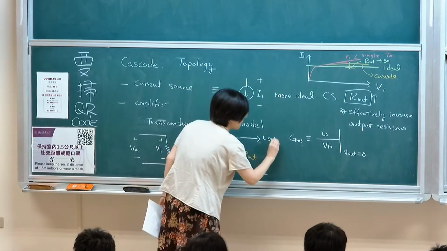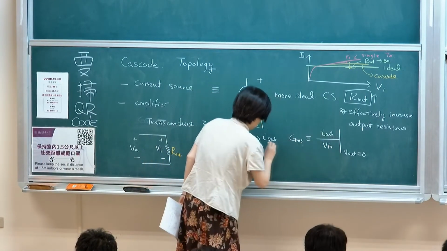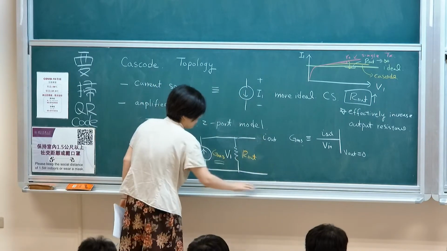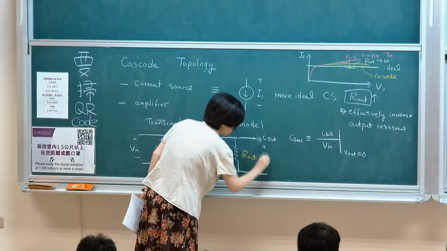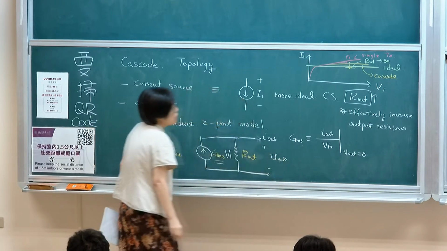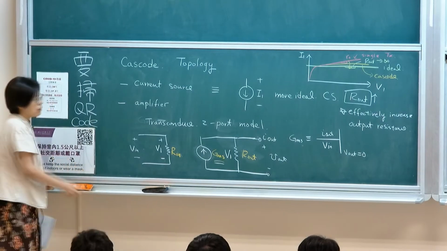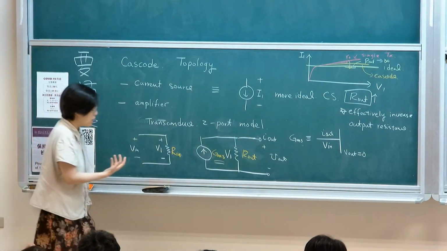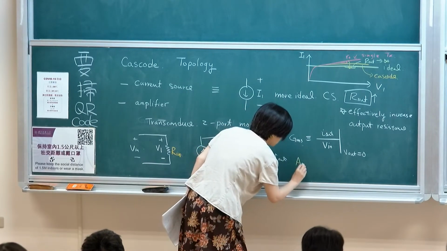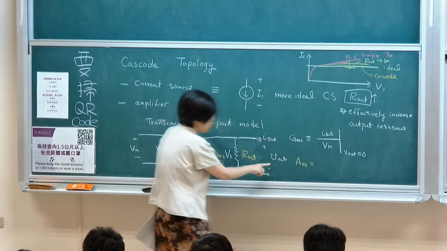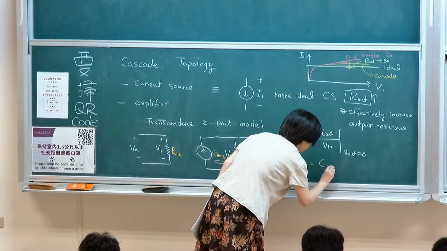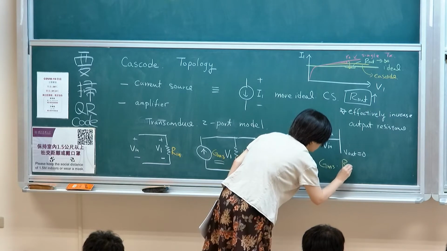Let me be specific, the voltage across this terminal is VL. So if you look at a transconductance two-port model, what it means is that my voltage gain will be Gms times Rout.